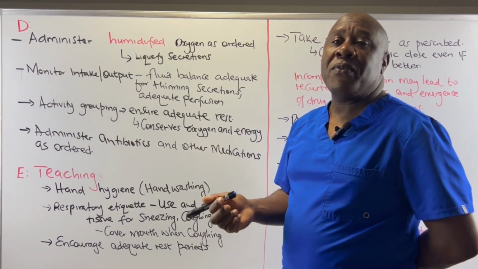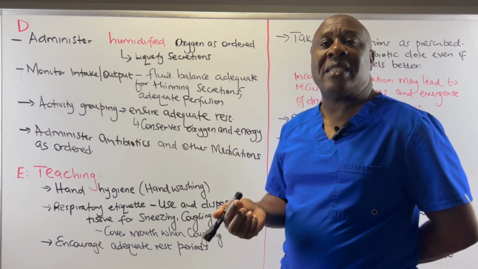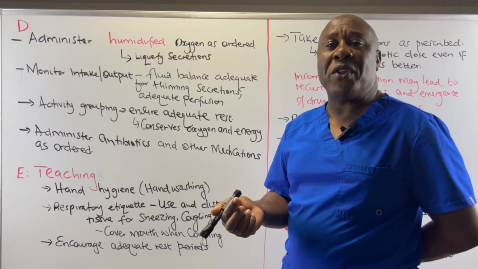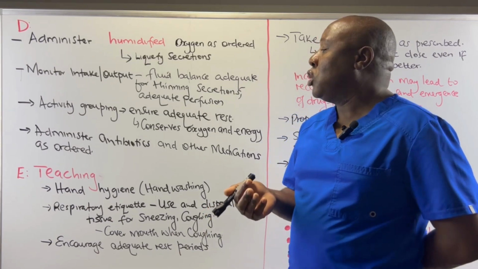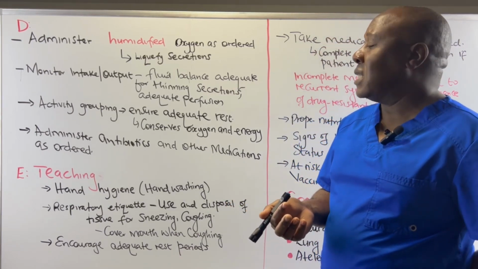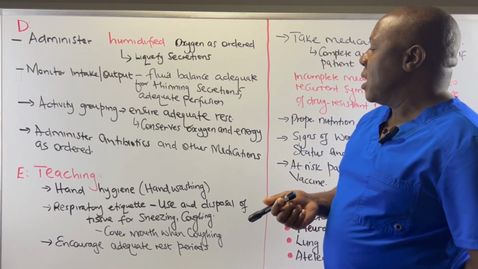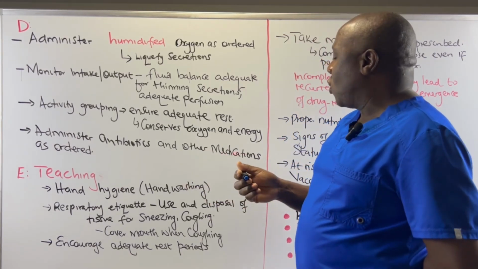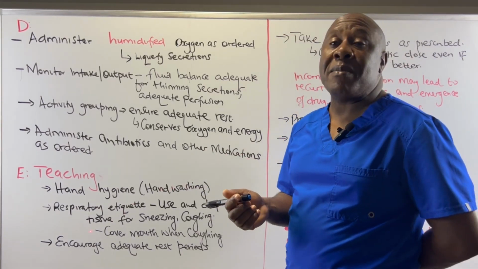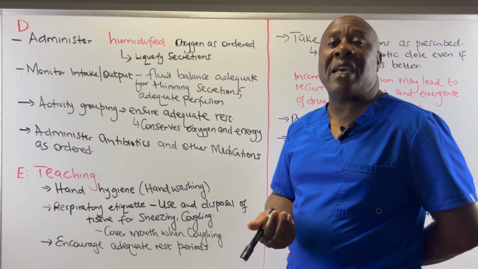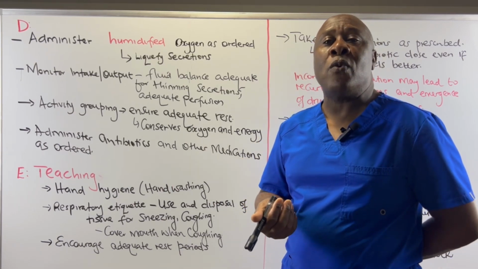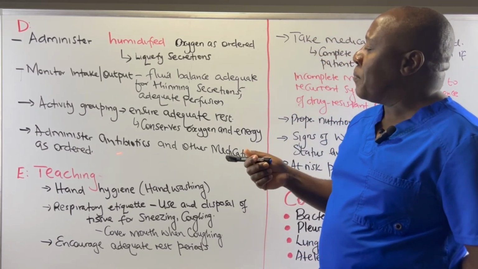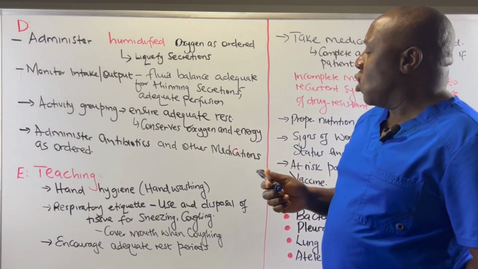This ensures that the cultures are subjected to testing, and any identified bacteria or pathogen can help us zero in on one particular antibiotic to treat this pathogen. So administer antibiotics as ordered, and also other medications like bronchodilators. Remember, we said that bronchodilators help to dilate the airway for easy movement of air. So administer medication as ordered.